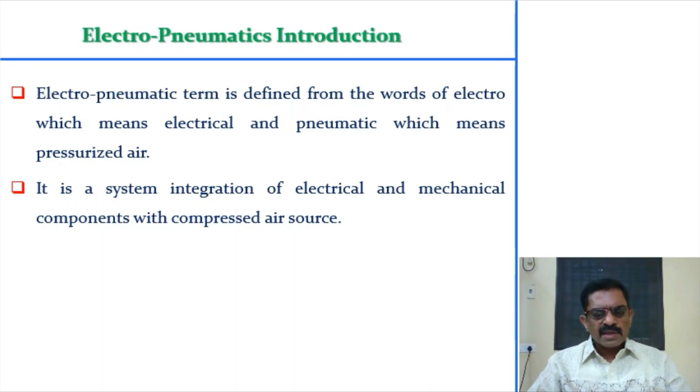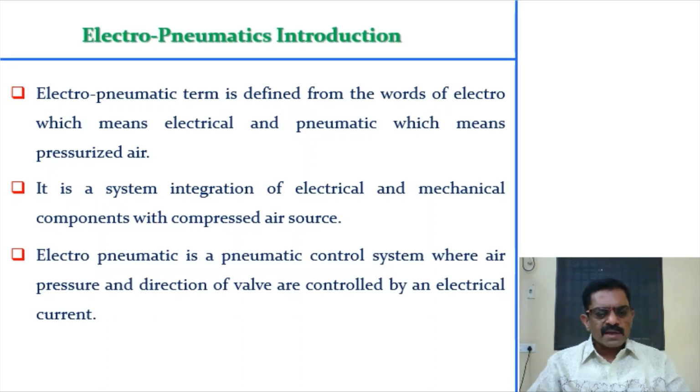So compressed air is the source in this particular area, electro-pneumatics. So actuation is done by pressurized air, and its control is performed by electrical devices. So that we are going to see quickly today. It is a big topic. We shall quickly complete this topic today itself.